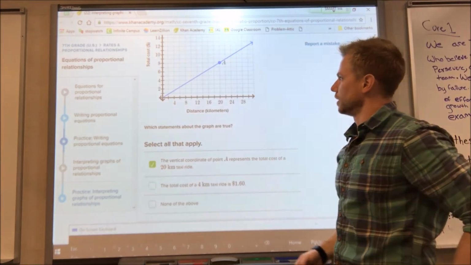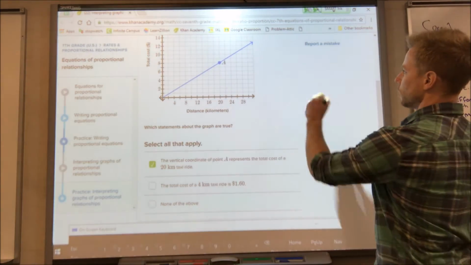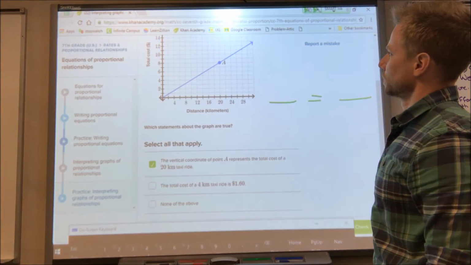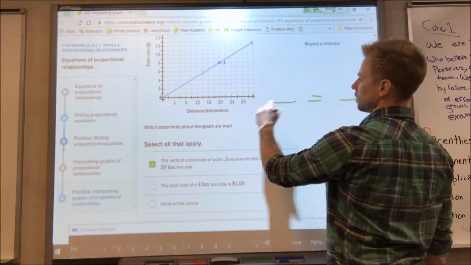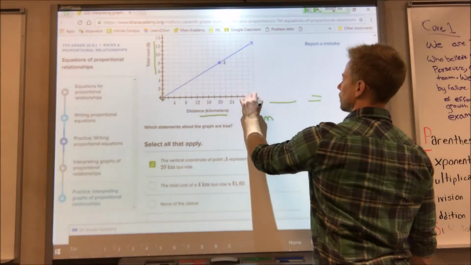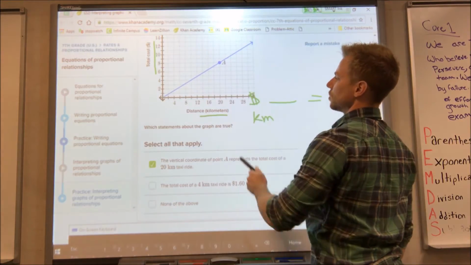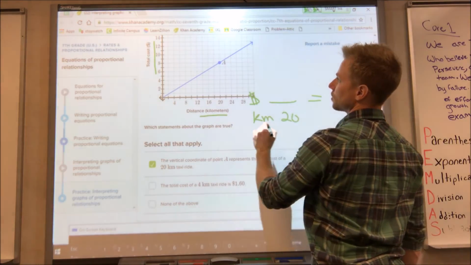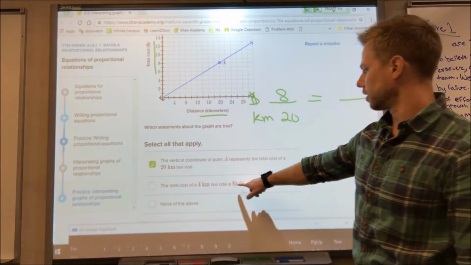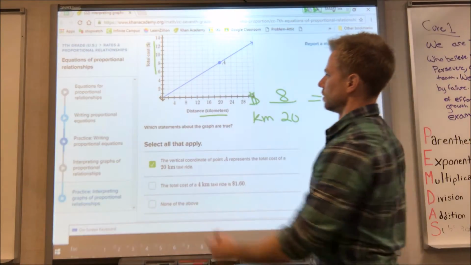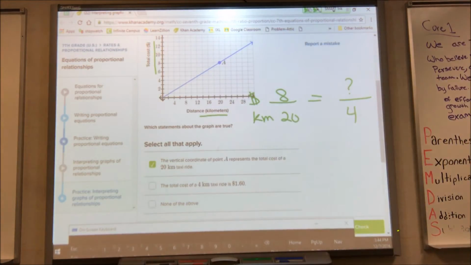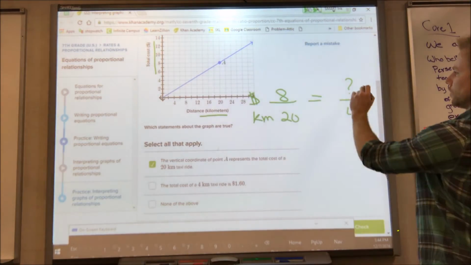It looks like it could be, but this is where we would want to write a proportion. Okay, we know that our labels are kilometers and cost. So we know that 20 kilometers is going to be $8. We're trying to figure out if 4 kilometers is $1.60. So we plug in 4 for kilometers, question mark on the cost, and figure out what the question mark is.